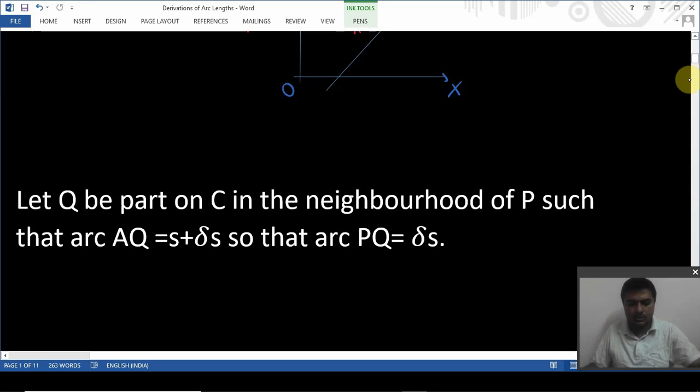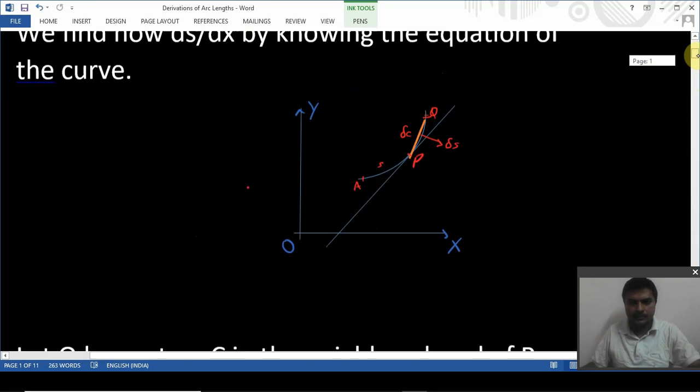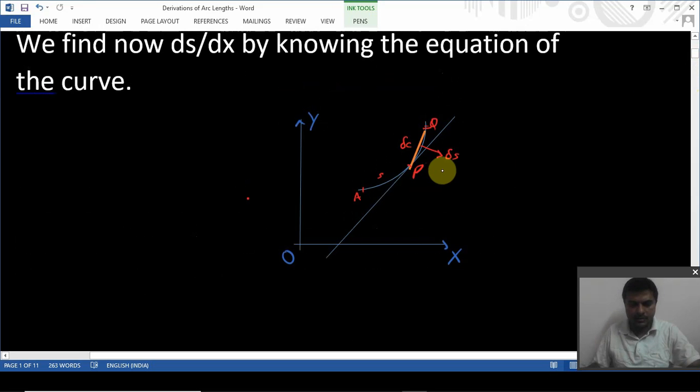So this is what we have. Now I say that as Q approaches P along the curve, arc PQ approaches the length of the chord PQ. Therefore, you can see, students, from Q to P it is going to approach.